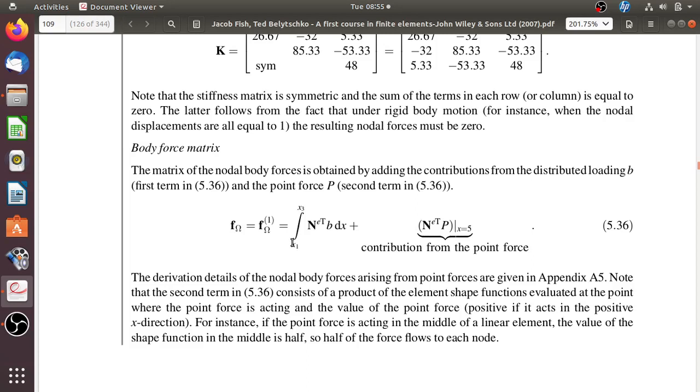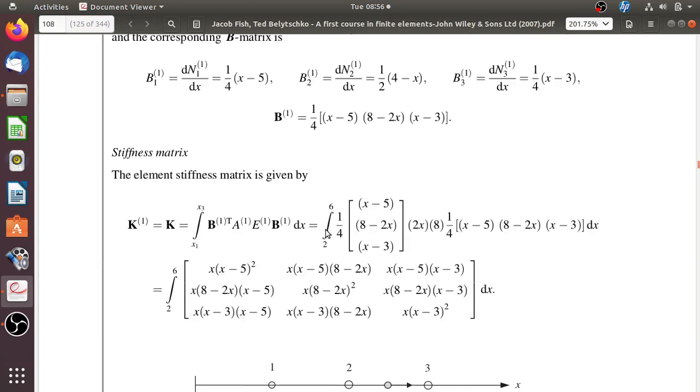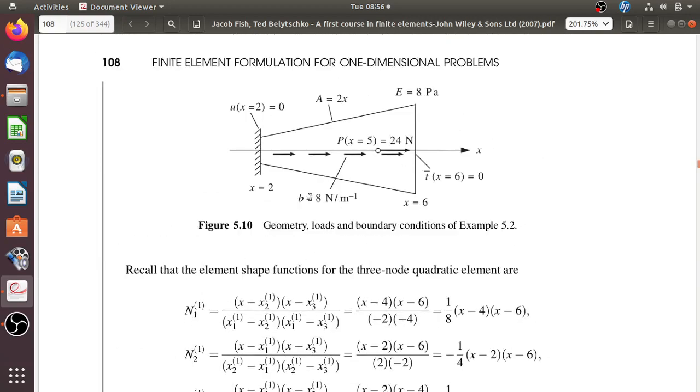Okay, fine. So if you see this one, this is known, and what is this B? B is just the body force which is uniformly distributed. I think it's been given as 8 Newton per meter.